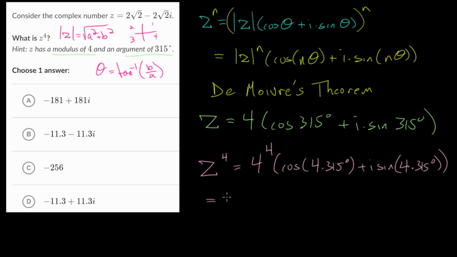And 4 to the 4th power, that is 256. And this angle, 4 times 315 degrees, is 1,260 degrees. Now, the angle is much greater than 360, but to get an angle between 0 and 360, we can just subtract 360 multiple times.